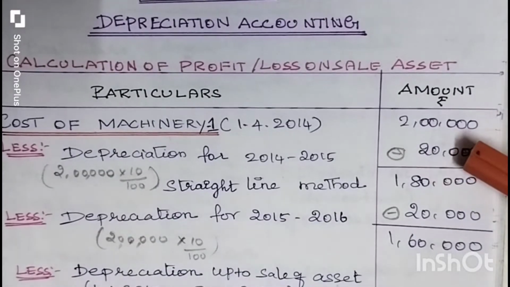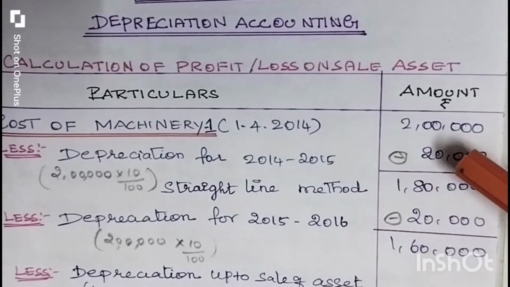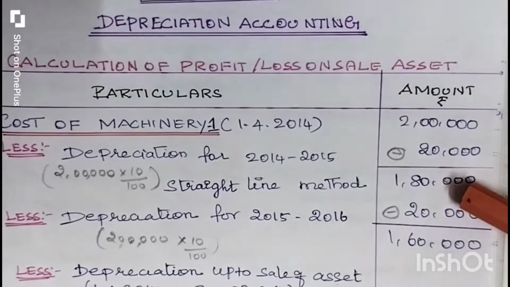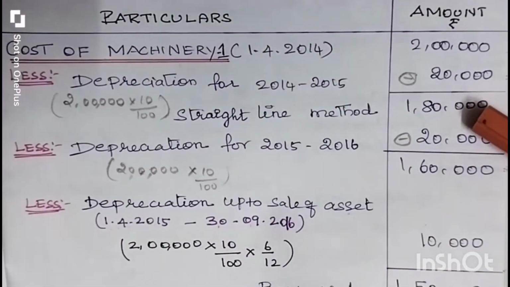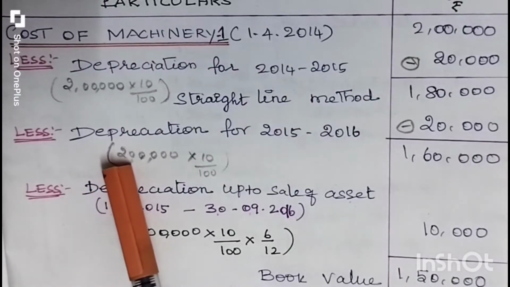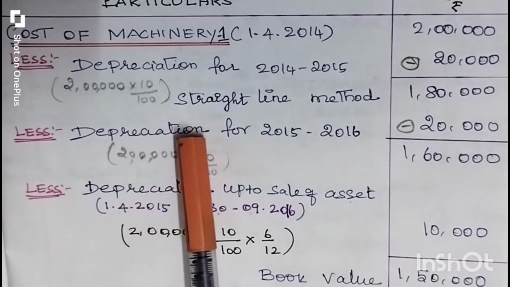This is the depreciation for 2014-15. Subtract 20,000 from 2 lakhs and you get 1,80,000. Since we follow the straight line method, we always take the original value of the machinery to find the depreciation for every year.